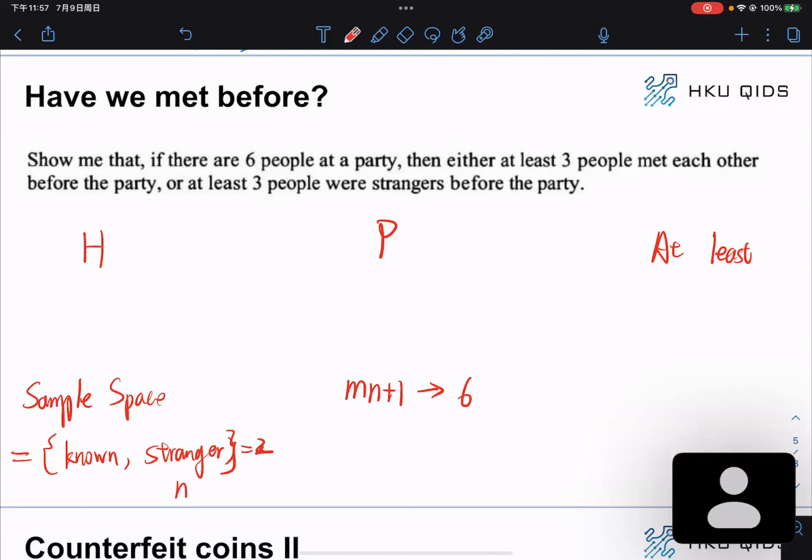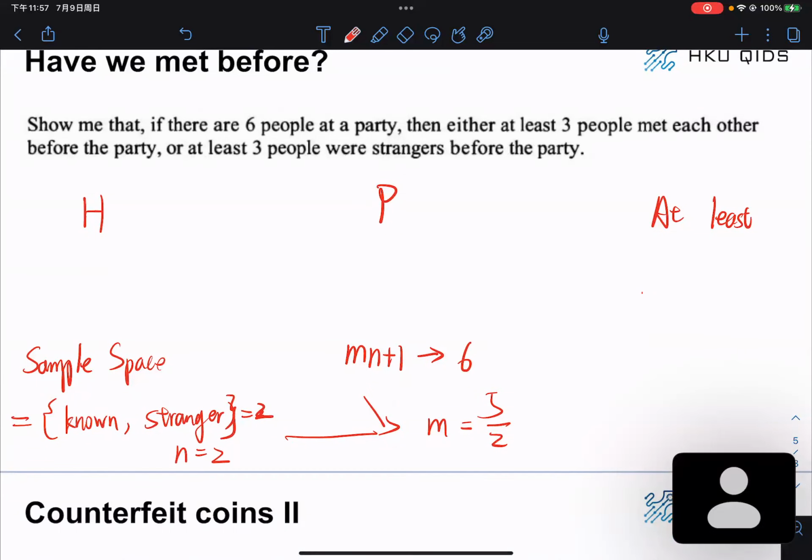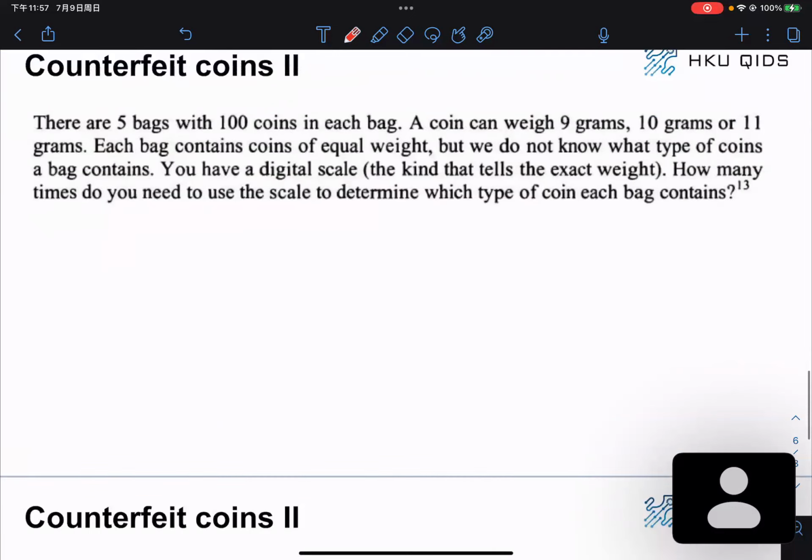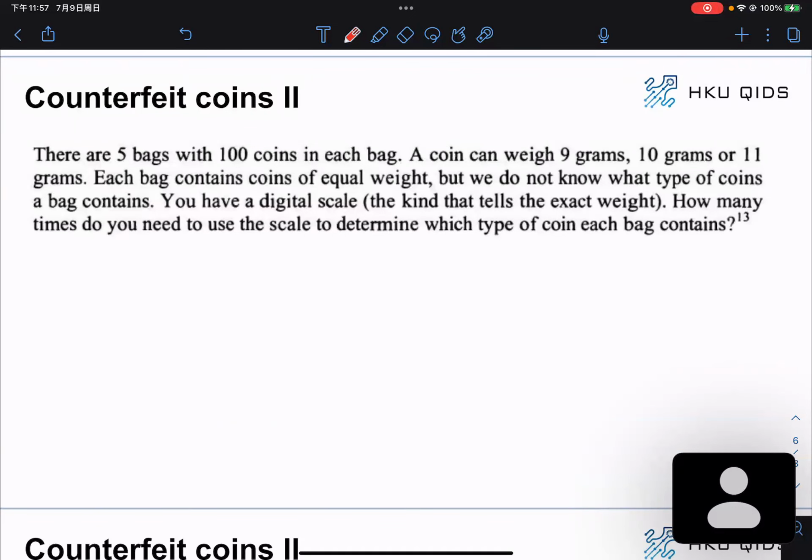And we know n equals 2. Combining these two, we have m equals 5 over 2, right? So at least m plus 1 equals 7 over 2, which is 3.5. So at least 3 people met each other before the party, or at least 3 people were strangers before the party. We solved that.